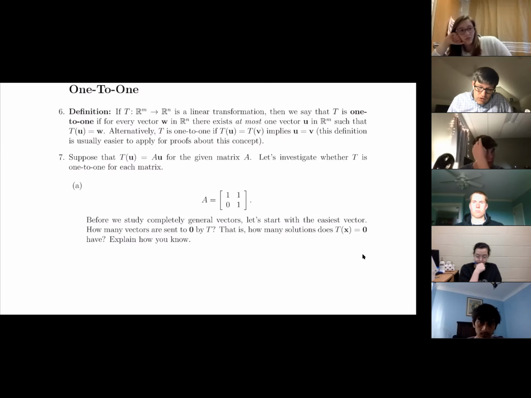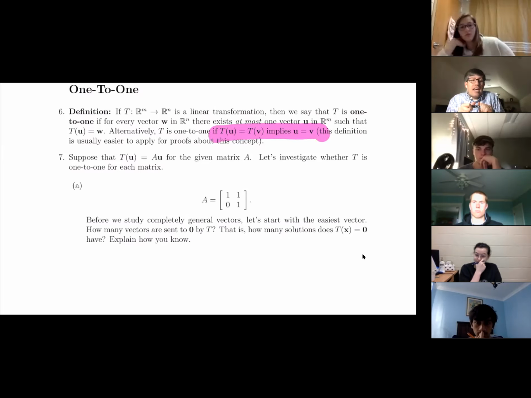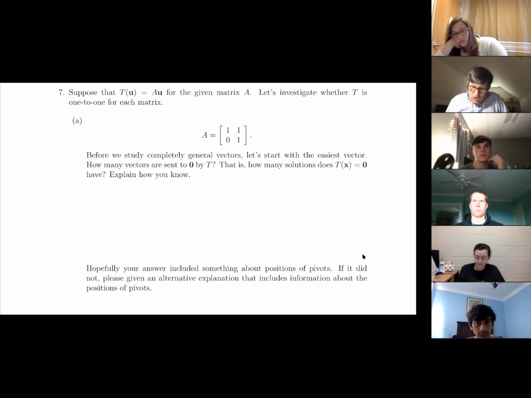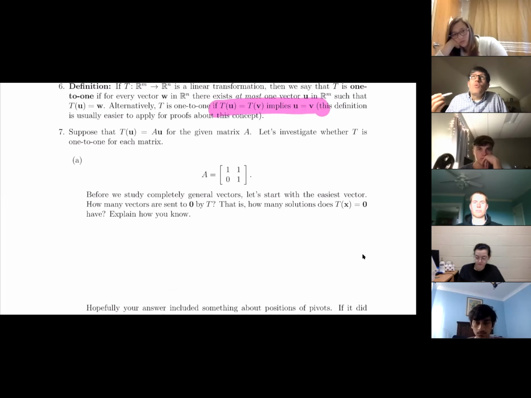So if I have two equal outputs, then they must have come from the same input. We want to understand how to tell whether a linear transformation is 1-to-1 or not. And again, the trick is how many different inputs go to a possible output.